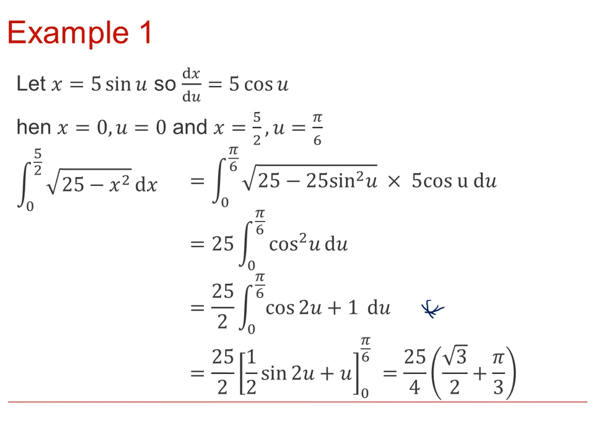And when we put those limits in, 25 over 4, root 3 over 2 plus pi by 3. Note that it's really important to know when the limits are x equals and u equals, as that is where common errors often occur.